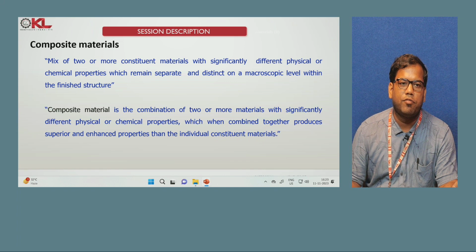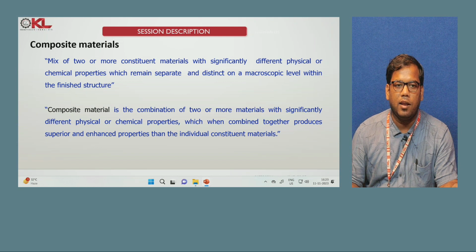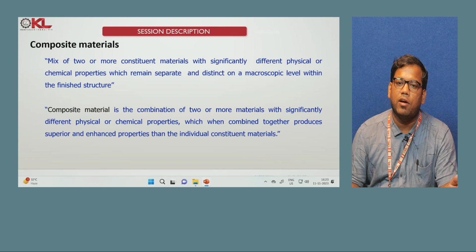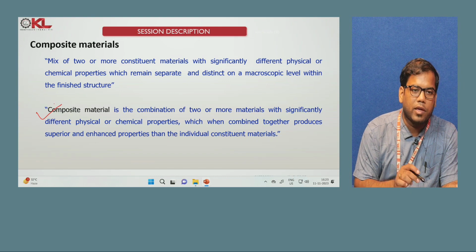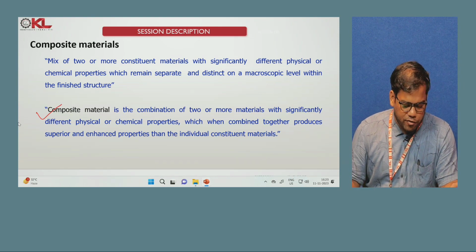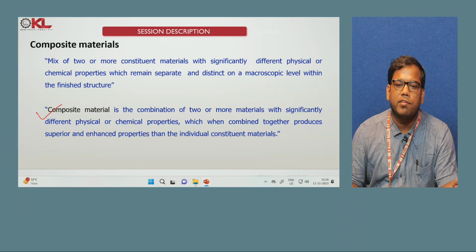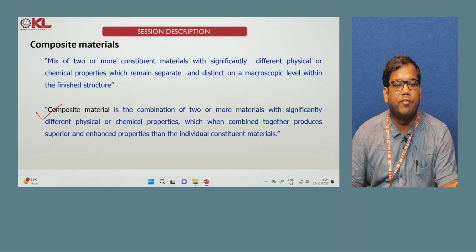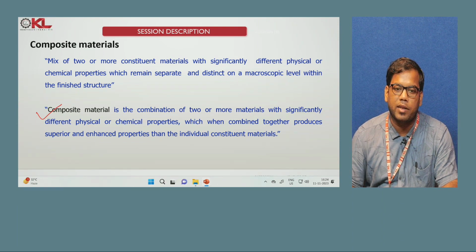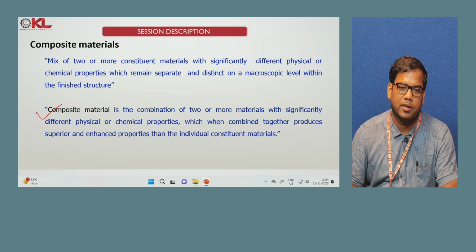So, what is a composite material? It is a mixture of two or more constituent materials with significantly different physical or chemical property which remain separate and distinct on a macroscopic level within the finished structure. In other words, we can define the composite material as the combination of two or more materials with significantly different physical or chemical property which, when combined together, produces superior and enhanced property than the individual constituent material.